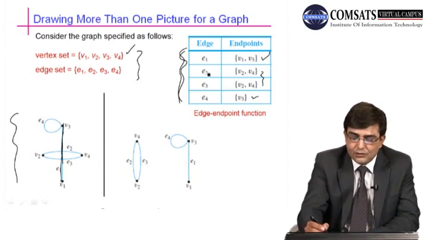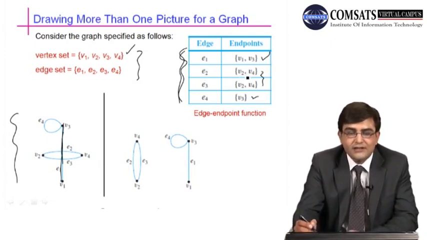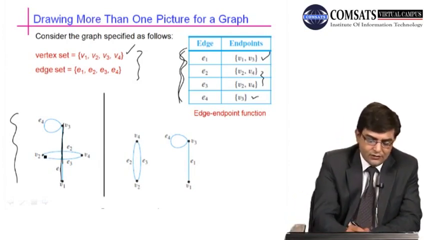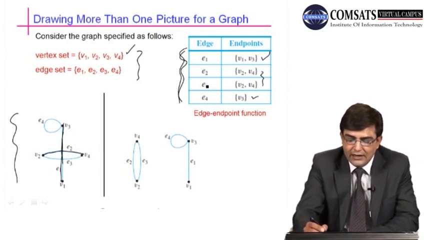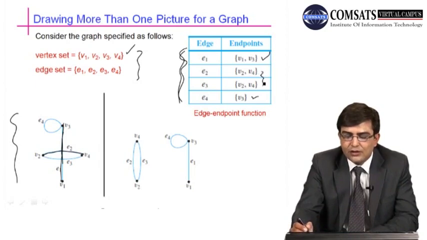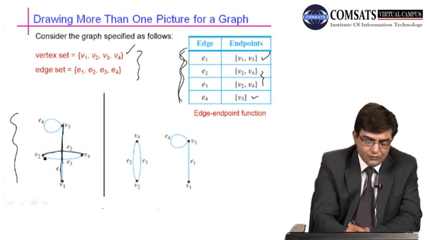Then E2, whose endpoints are V2 and V4. E3 is the edge whose endpoints are the same, V2 and V4, so this would be the parallel edge from V2 to V4.